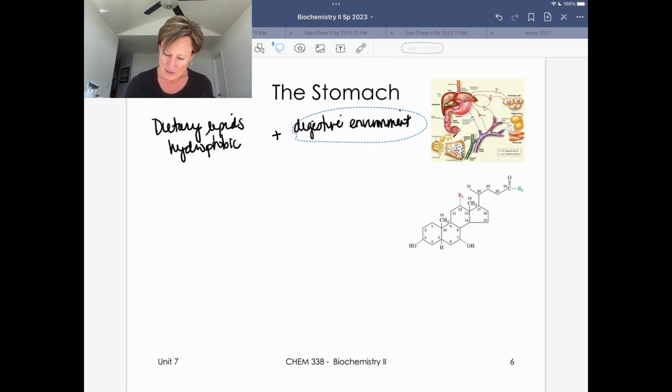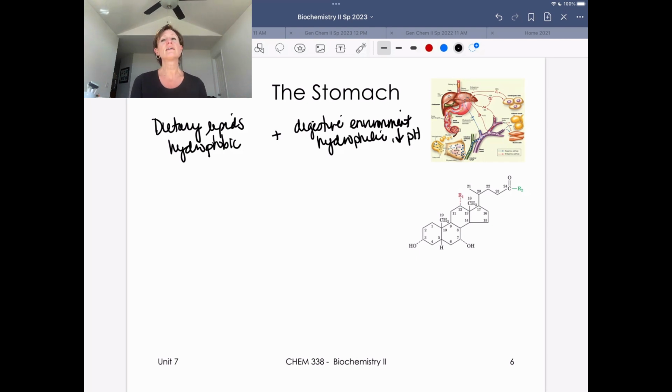And specifically if we're talking about your stomach, there's a low pH. So how do we have a connection between these hydrophobic molecules that need to be metabolized, digested, interacted with in a hydrophilic space? So the question is how do we connect or have these interact?